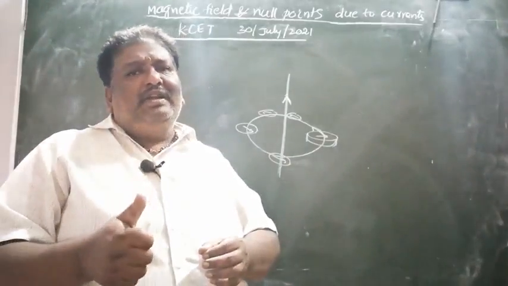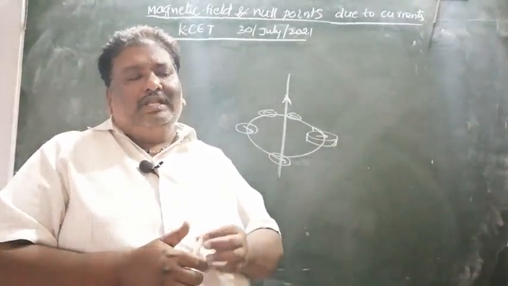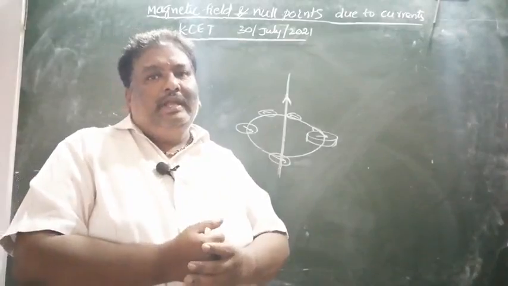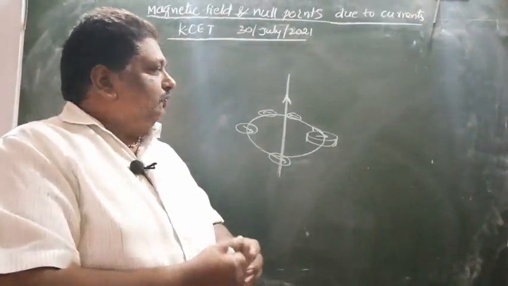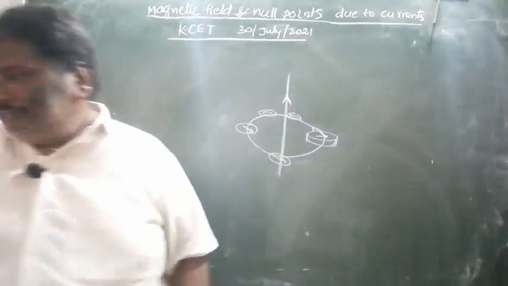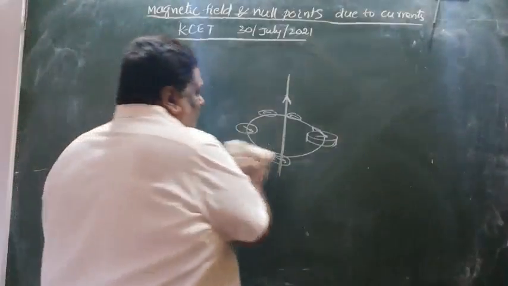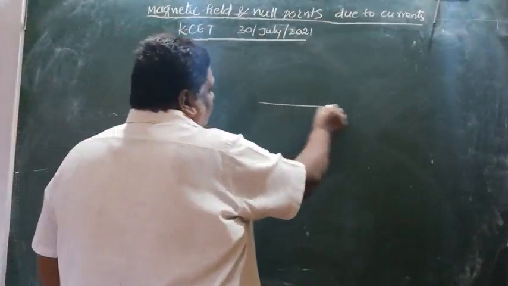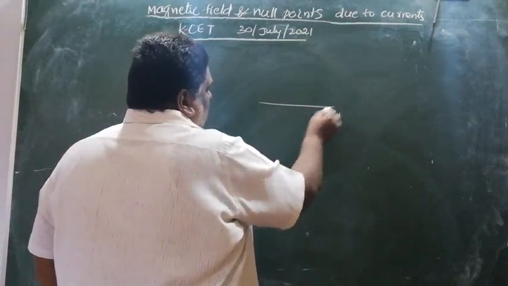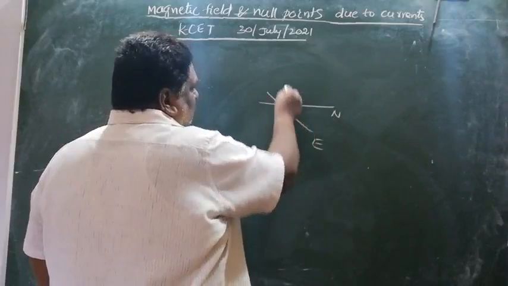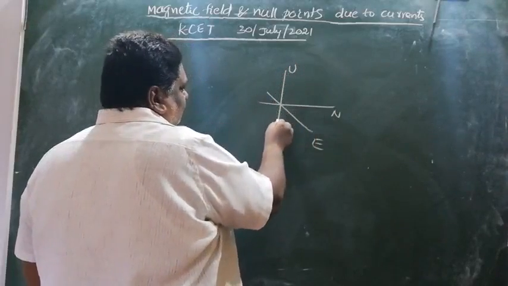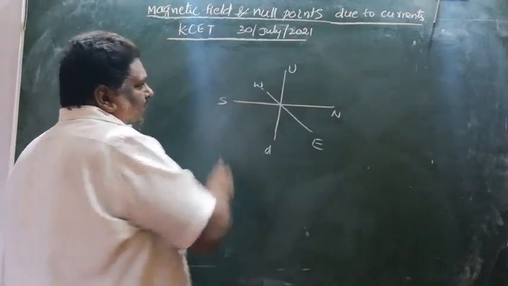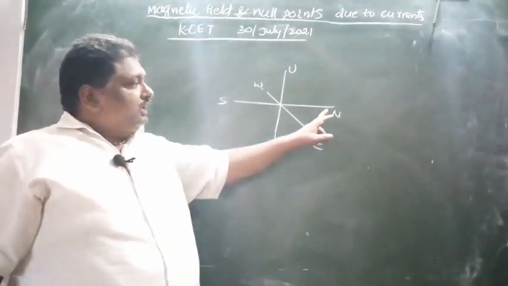The same direction is revealed by Ampere's swimming rule as well as the corkscrew rule and the right hand grip rule; all exhibit the same. Okay, suppose here different questions will be asked. Here it is north direction, it is east direction, it is upward, it is downward, it is west side, it is the south side. This is the north, three-dimensional.